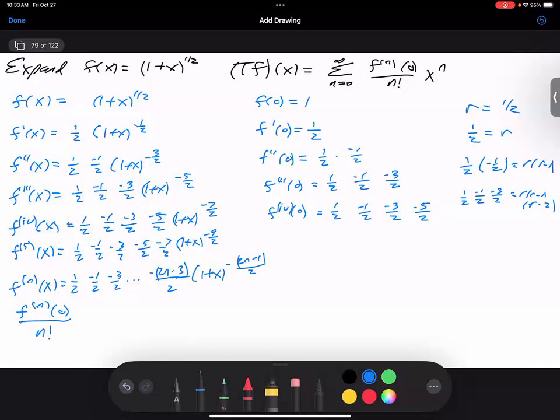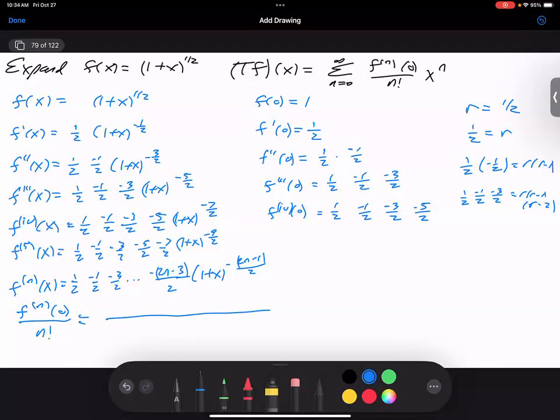Now, how many terms do we have below in the denominator? When we had 3, the third derivative, how many terms were there? How many fractions were there when we had 3 derivatives? 3. When we had 5, how many terms were there? 5. So when we have n, there's going to be n terms, right? So I'm going to write the fraction in a very nice way.